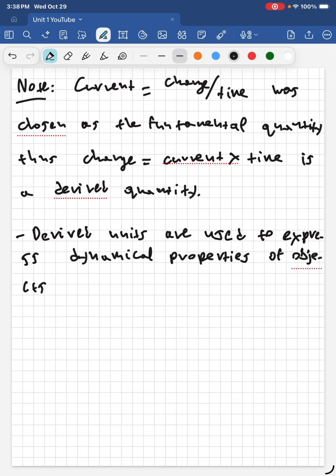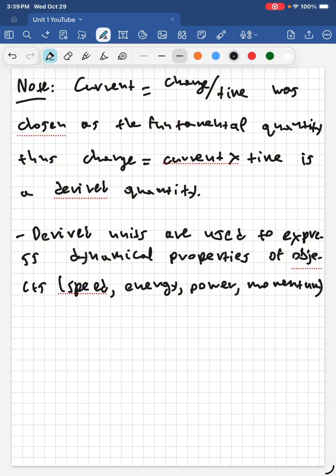What do we mean by dynamical? Things such as speed, energy, power, momentum, and so on. Speed expresses motion, and so does energy.